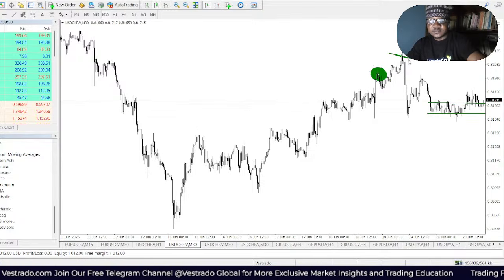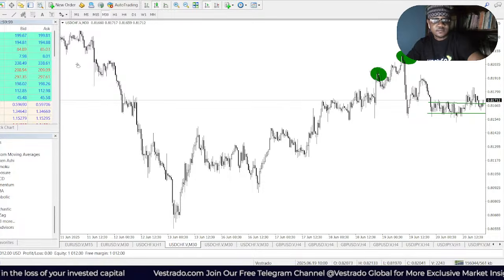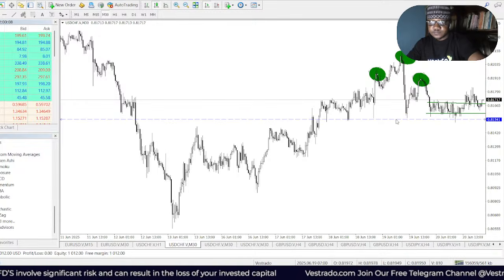Pay attention to that. And then a nice heads and shoulders pattern where this guy is the neck. Pay attention to that on the USD Swiss.